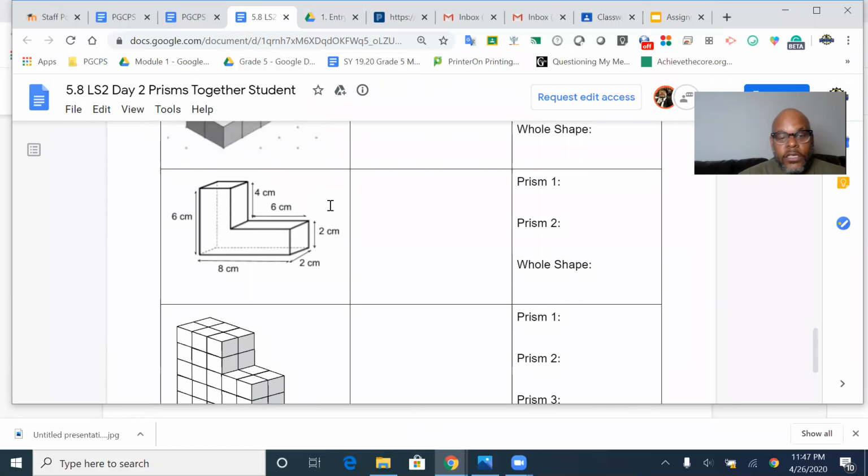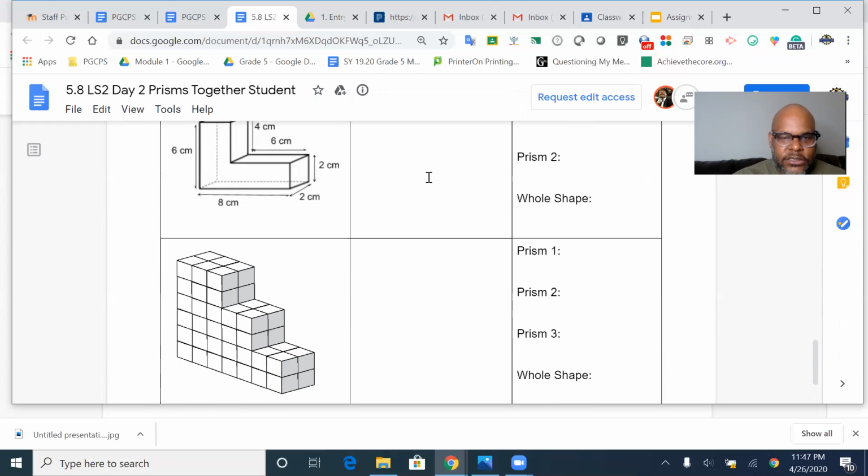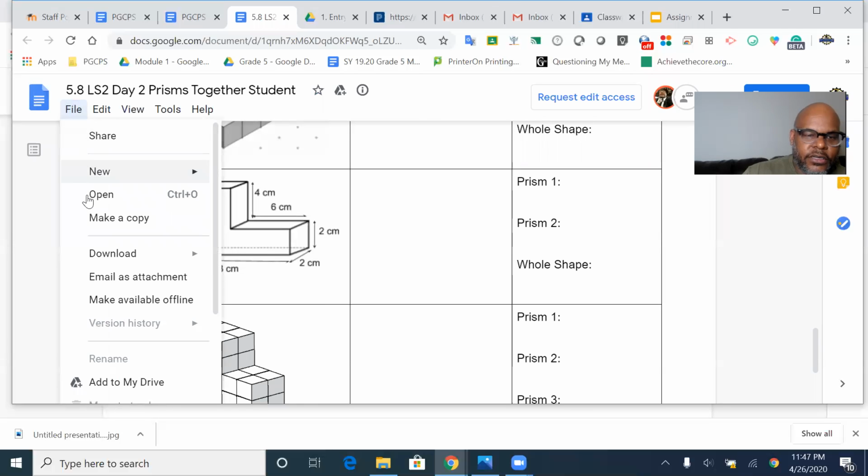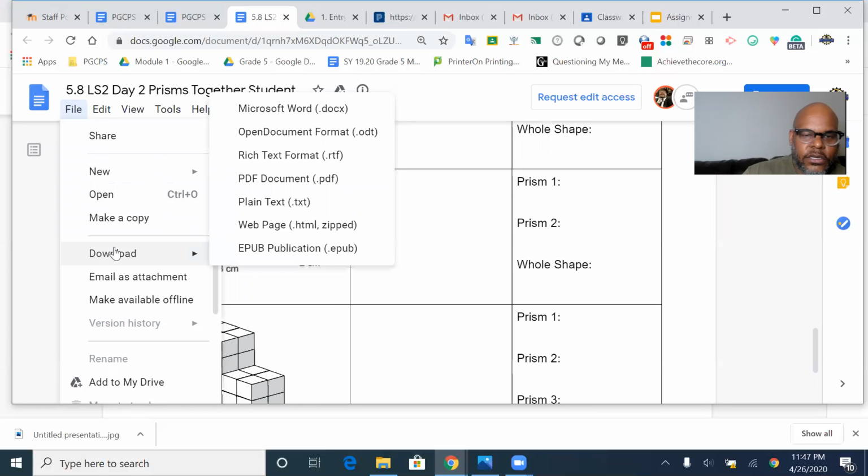So the way I'm going to do these 2, let me see if I can download these.